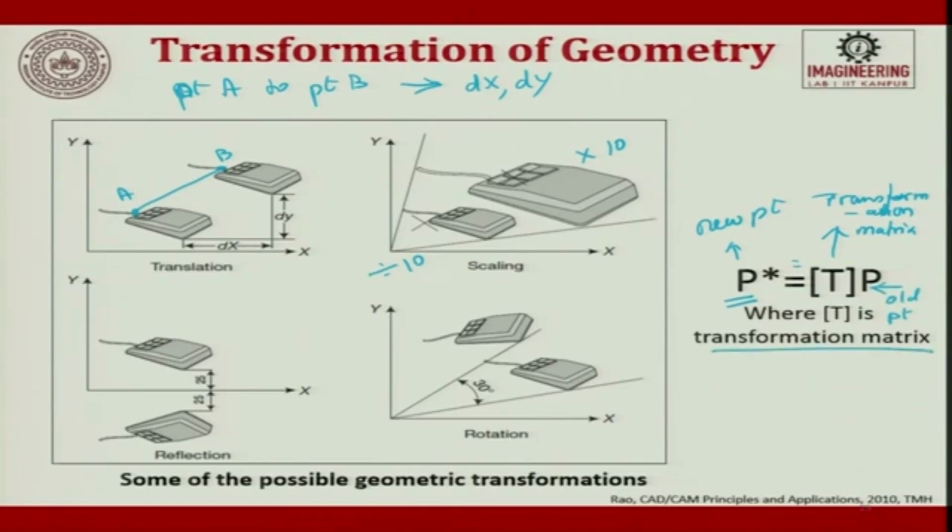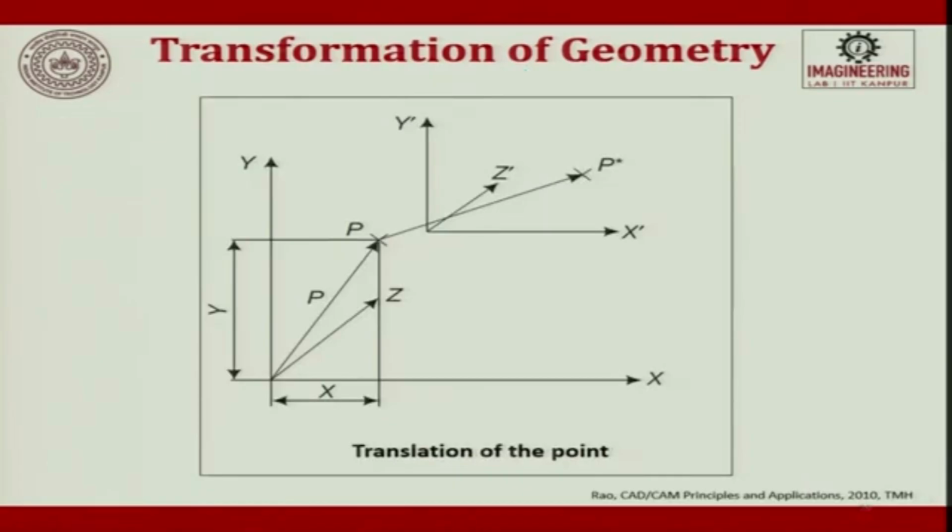You multiply the old point with the transformation matrix, depending upon your operation, to get a new point. Then when you put the new point on a rastered screen, you see that the operation is carried over.